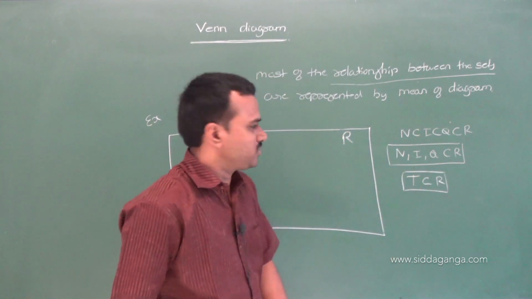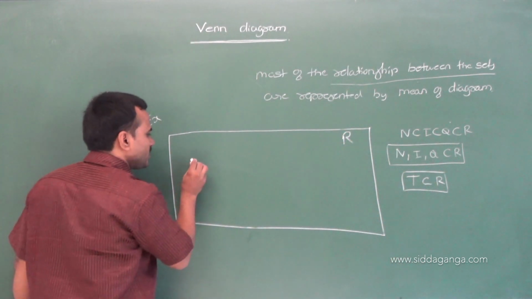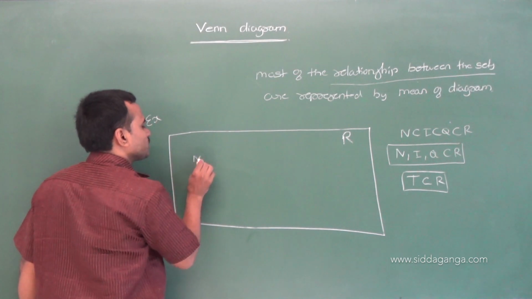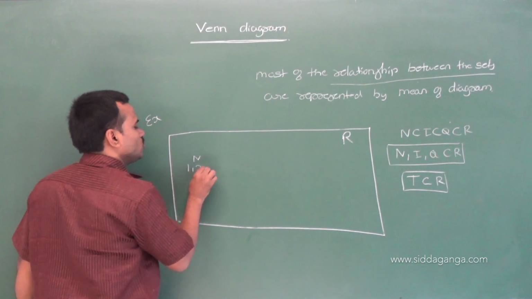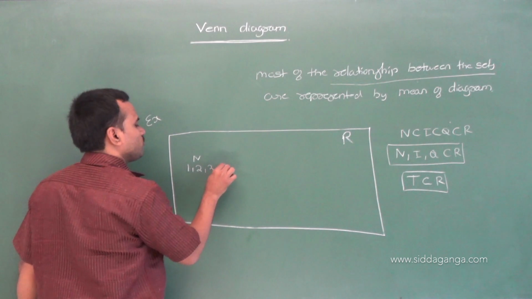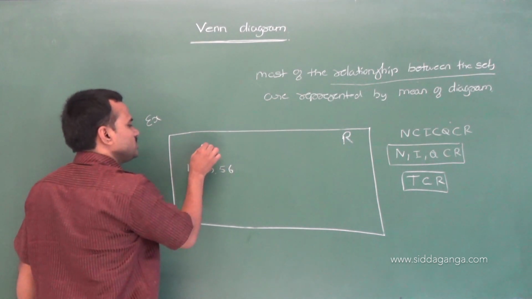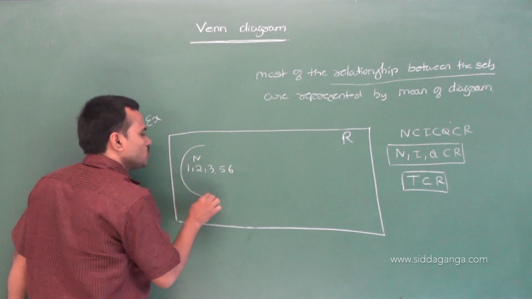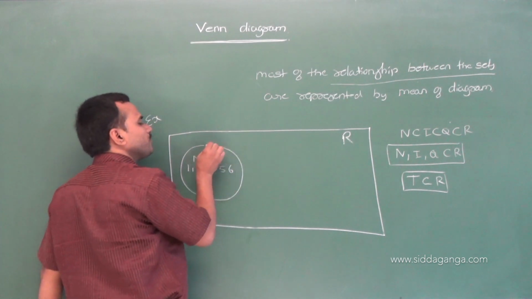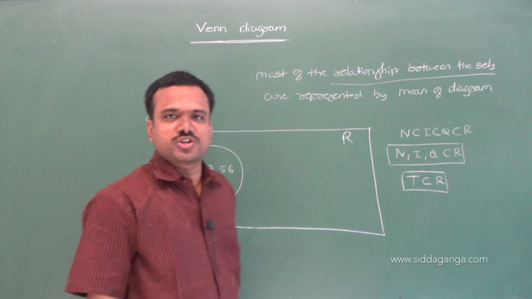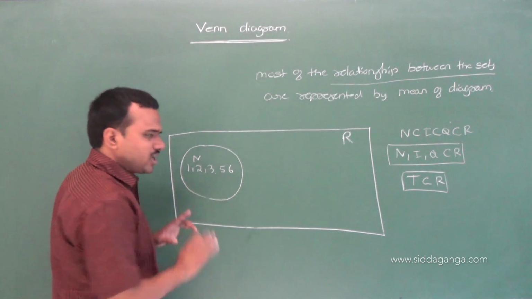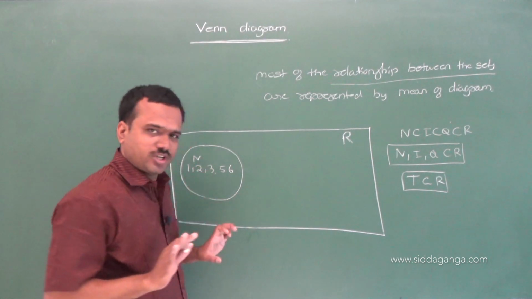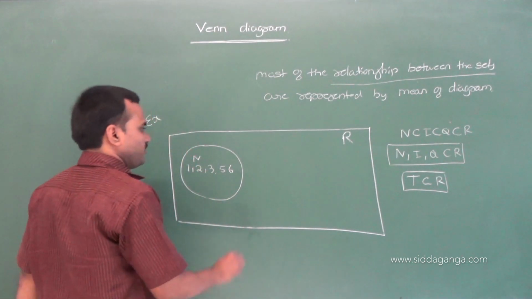What I do, here I write natural numbers: 1, 2, 3, 5, 6. This I enclose in a closed curve. The curve may be a circle. Closed curve usually means a circle.